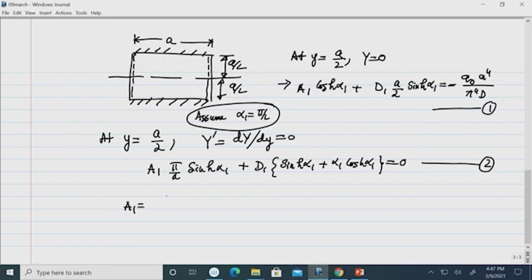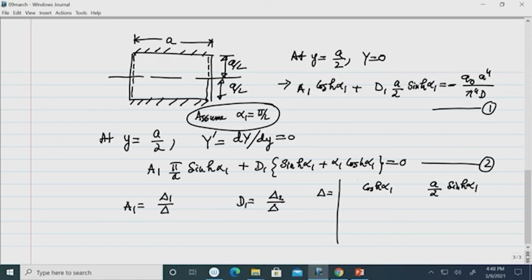A1 is equal to delta 1 by delta and d1 will be delta 2 by delta. Delta is the determinant formed by the coefficients of a1 and d1. So, the coefficient of a1 is cos hyperbolic alpha 1 and the coefficient of d1 is a by 2 sin hyperbolic alpha 1.